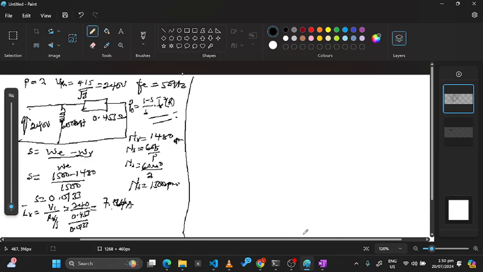Okay, so if I get this, now I can find the P mechanical or the output power.